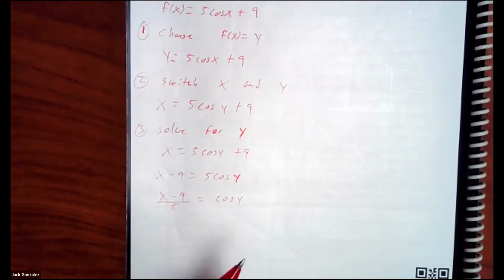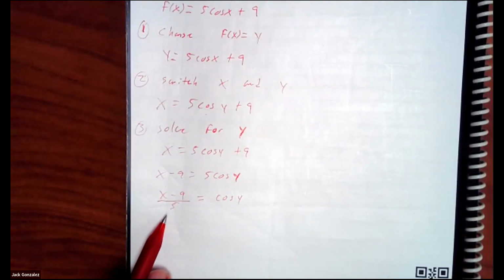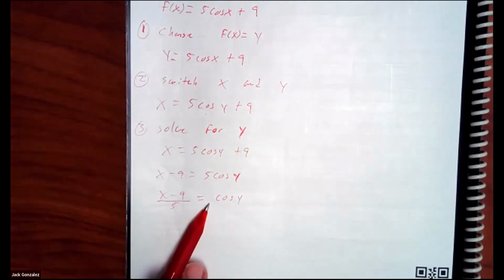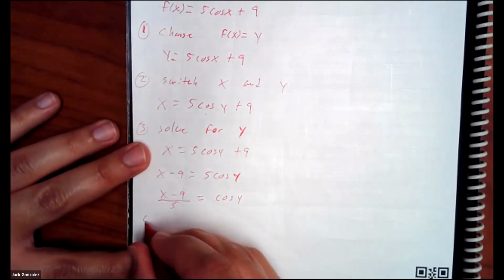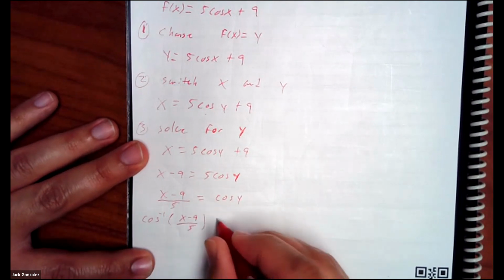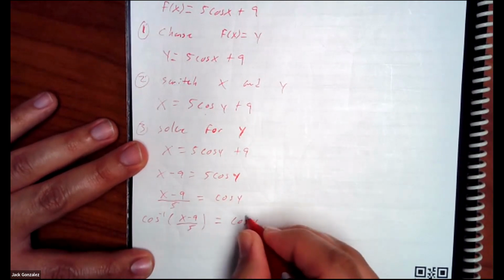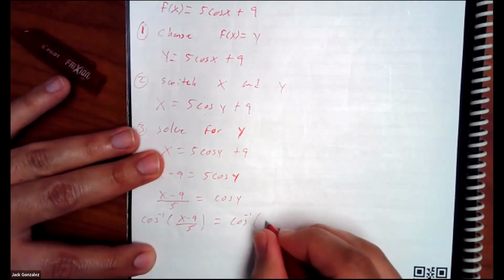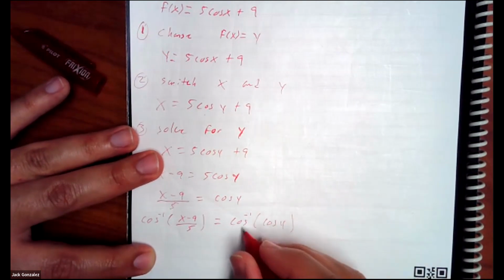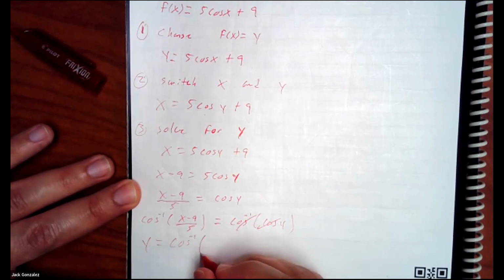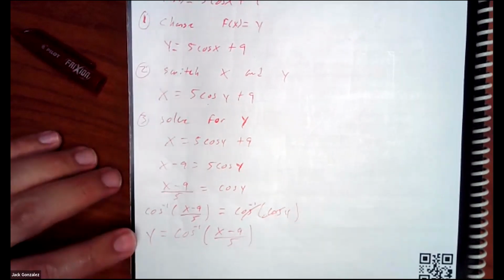Subtract 9 over, divide by 5, you get to here. So now cosine inverse of both sides to cancel cosine. And that's it, pretty much done. Right, so these cancel. So now I just have y equal to this. And that's it. There's the inverse.